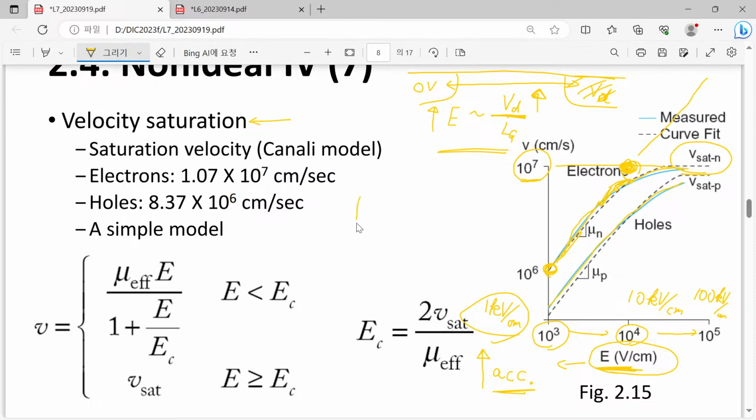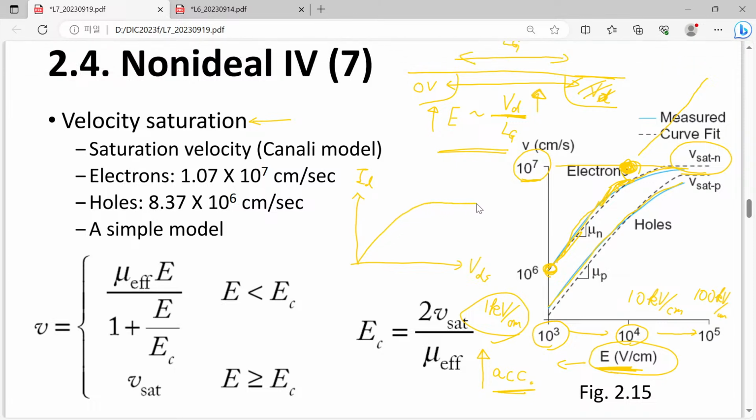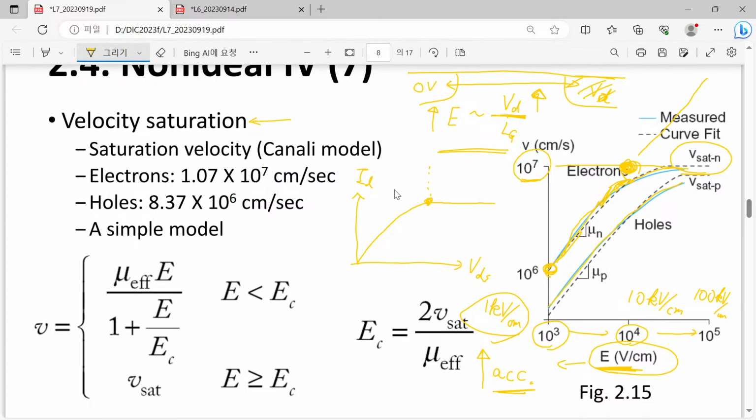When you draw your output characteristics, VDS and ID, the realistic curve shows this behavior, and you have the linear and saturation modes, even in the case of your N MOSFET.